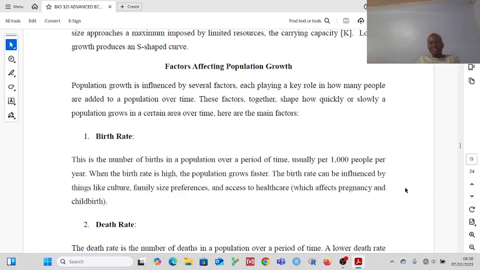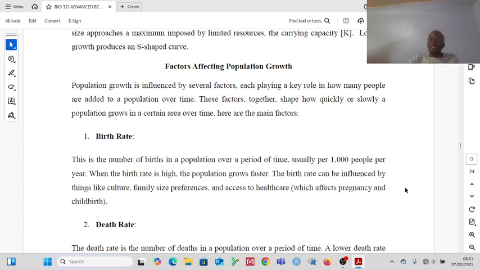Then the delivery has to be done properly. Then after the young one is brought forth, that young one has to be taken care of to mature, because if the young one doesn't mature, then we are not guaranteed another generation.